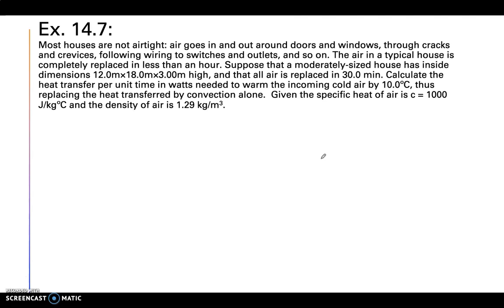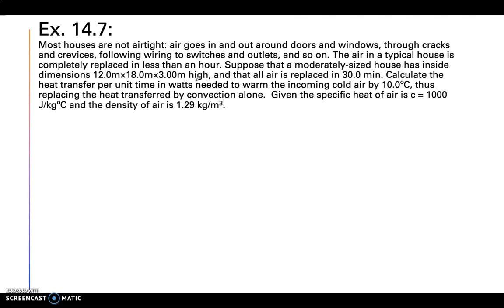Suppose that a moderately sized house has inside dimensions of 12 meters by 18 by 3 meters high, and that all air is replaced in 30 minutes. Calculate the heat transfer per unit time in watts needed to warm the incoming cold air by 10 degrees Celsius, thus replacing the heat transferred by convection alone.